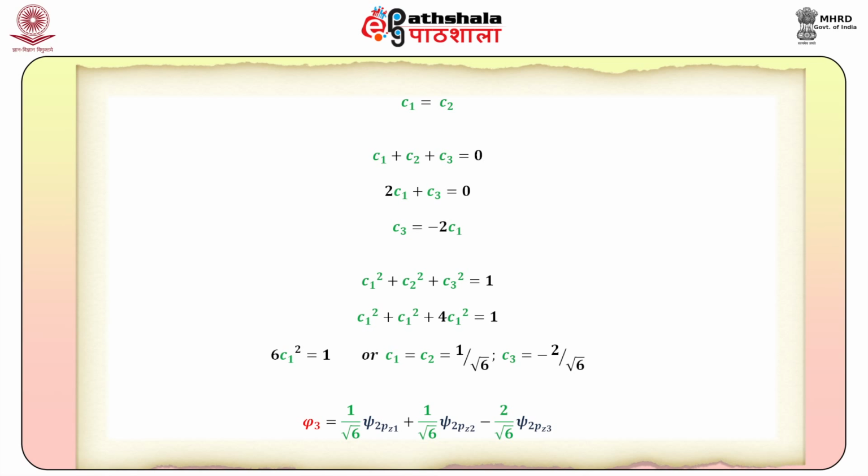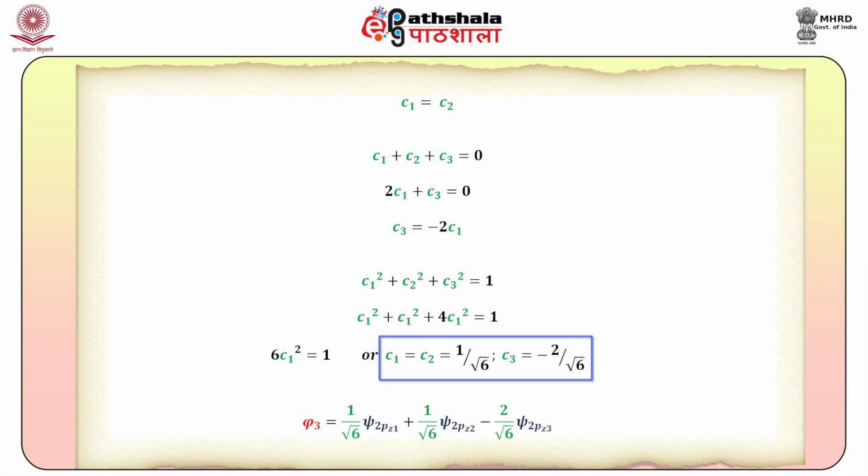But we have already learned that the sum of the squares of the three coefficients must be equal to 1. That means C1 square plus C2 square plus C3 square must be equal to 1. Therefore, substituting all these values, one is the normalization condition and second is that C1, which is equal to C2, is ultimately equal to 1 upon under root 6, whereas the corresponding value of C3 is minus 2 upon under root 6.